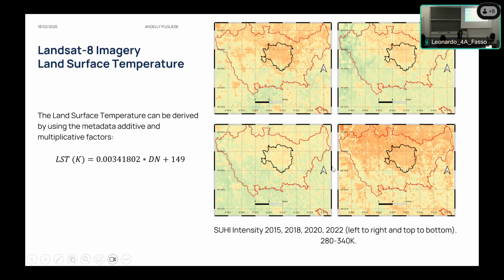Also, these maps, just to further clarify on the data, I downloaded multiple scenes during the summer only, but in the end I made a mosaic of each year during summer to smooth the signal a bit, because I was having too much variability, and I wanted to provide a general summer scenario. You will see the results later on.